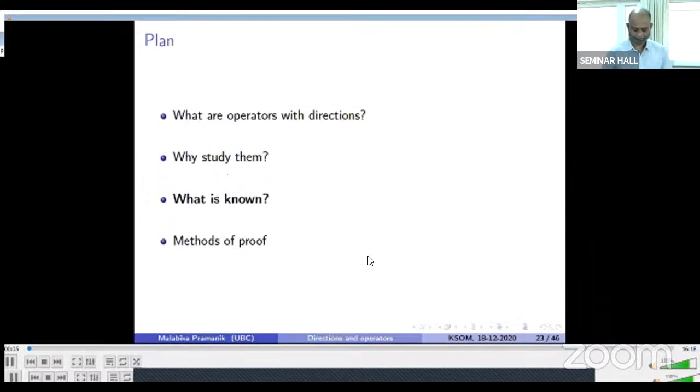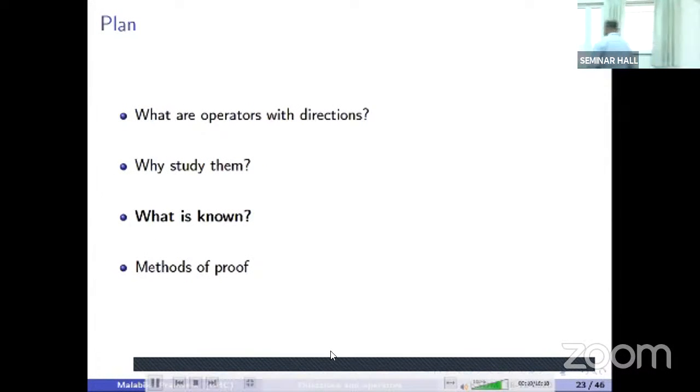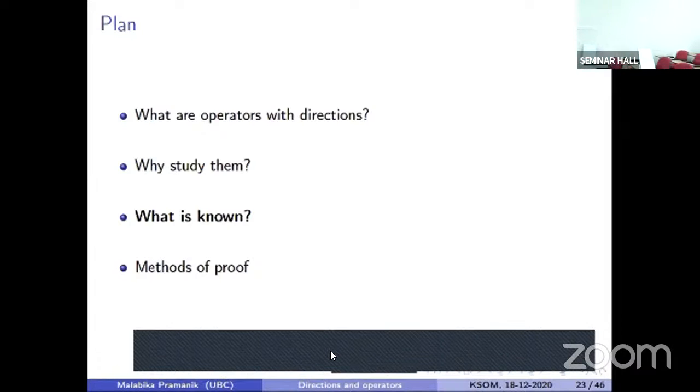Okay, let's continue. Remember our old friends, M omega and H omega, the maximal directional average and the maximal directional Hilbert transform? This section of my talk will provide an overview of some results, mostly in the planar setting, for these operators.